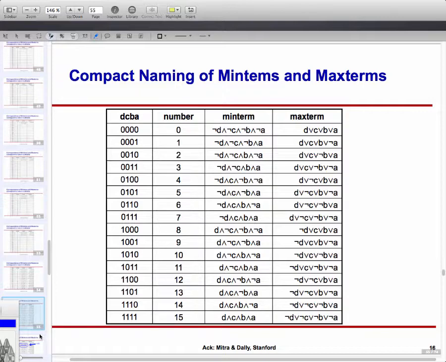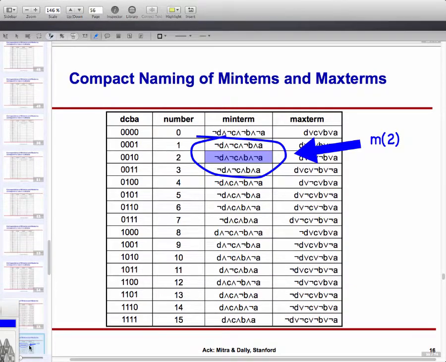So for example, this shaded entry, which is in row number 2, with the rows starting from 0, is called m of 2. And the little m means minterm. Okay, again, just a notation. So instead of writing out not D and not C and B and not A, I can simply write m of 2. And the idea is it's understood that it expands into this expression.